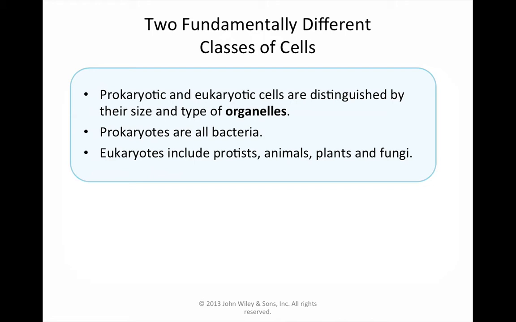By using the electron microscope, we're able to create two fundamentally different classes of cells. We have prokaryotic cells and eukaryotic cells. They are distinguished by not only their size, but their type of organelles.